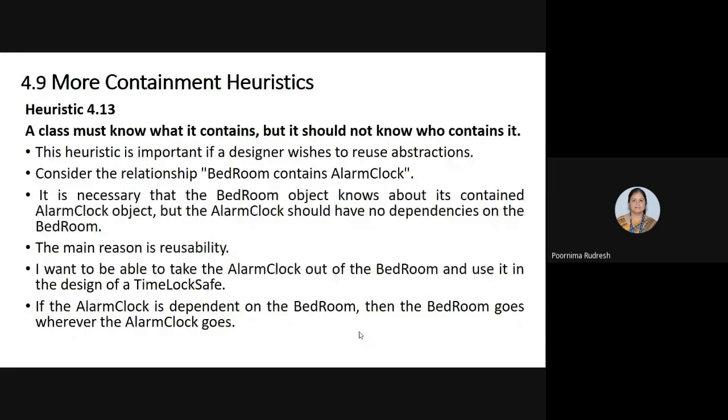Here you are going to study different heuristics for containment. Heuristic 4.13 says that a class must know what it contains, but it should not know who contains it.